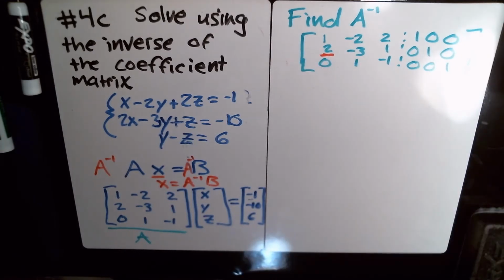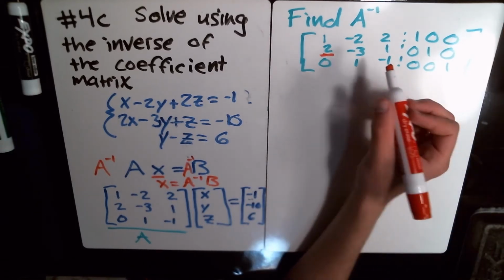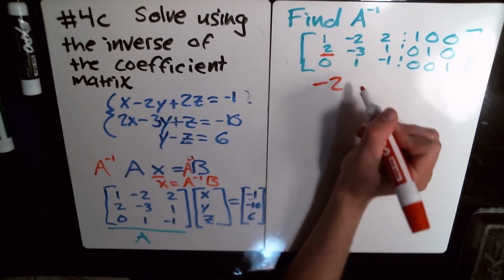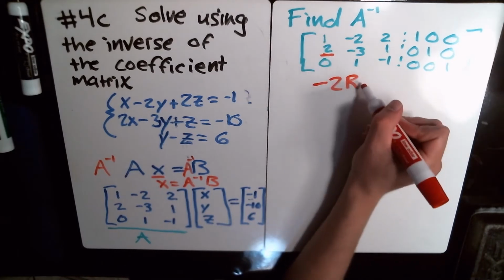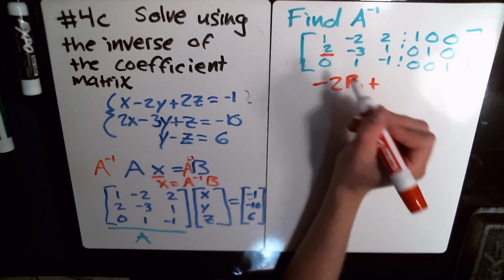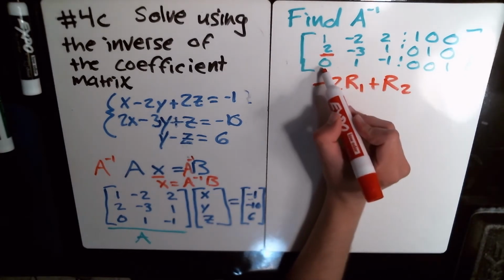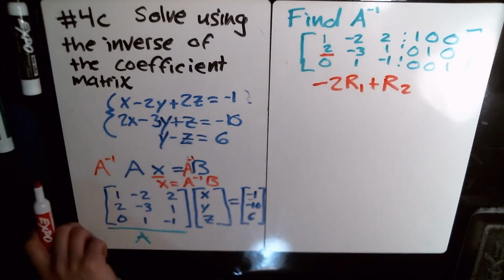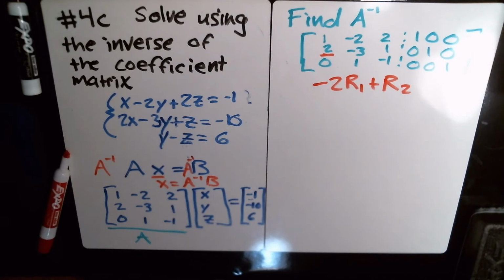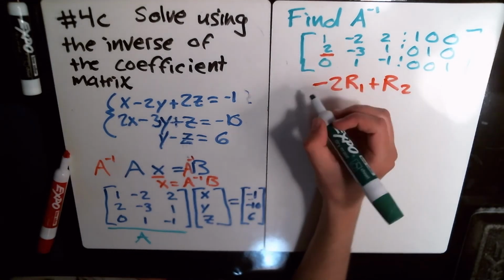So, to get rid of this 2 here, you're going to do -2 times the first row, and we're going to add that down to the second row, okay? And notice that this is already 0, so I don't need to get rid of that, so we'll just do that one step.